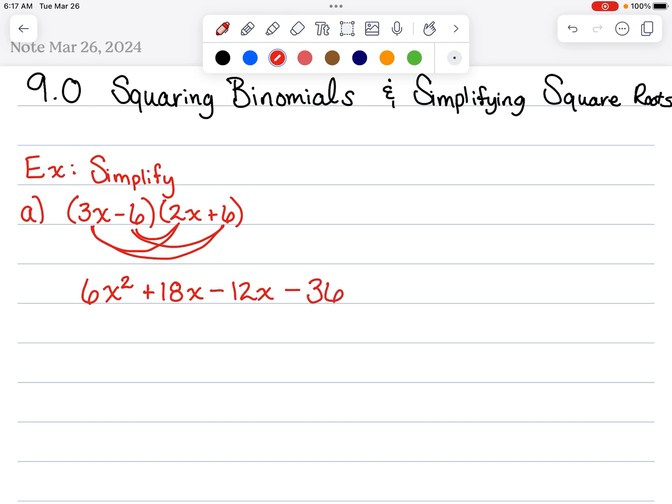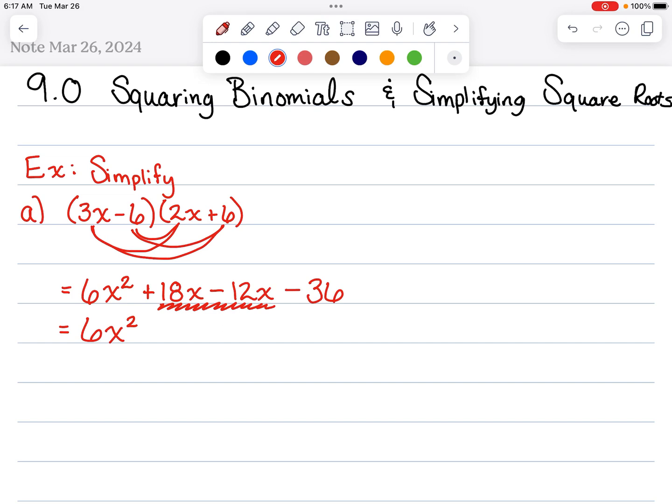After I've done this, I combine my like terms. Remember, like terms, same variable and the same exponent. So that 6x squared does not get combined with anything. Just those two. Keeping in mind that since they're on the same side of the equal sign, specifically, there's not actually an equal sign here. Technically, I could have put one here.